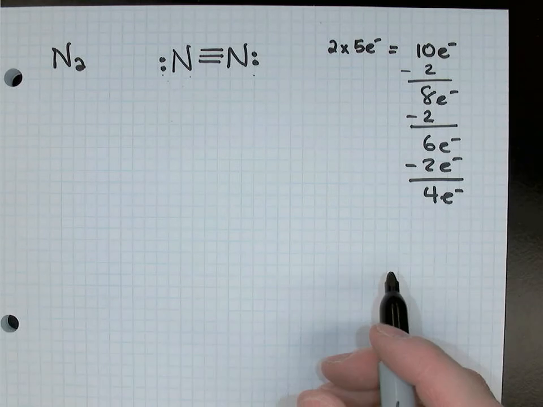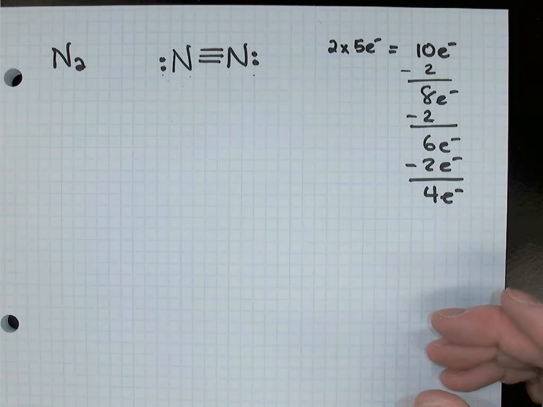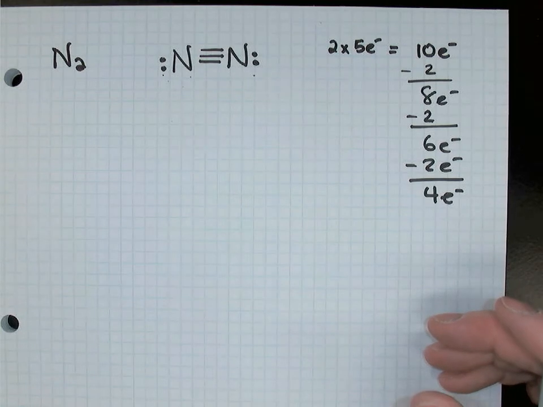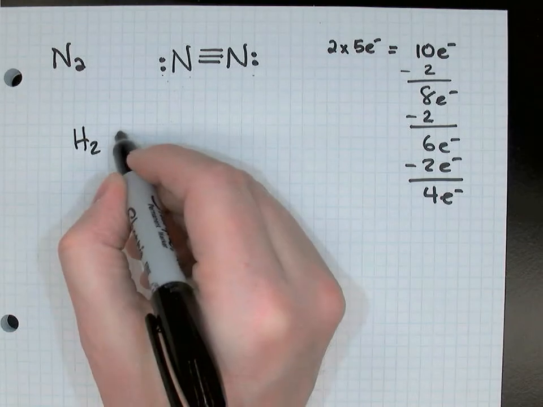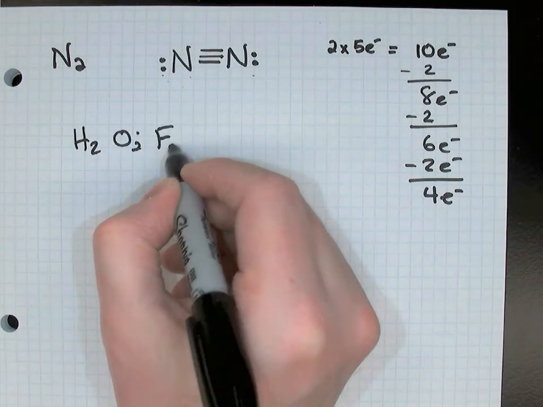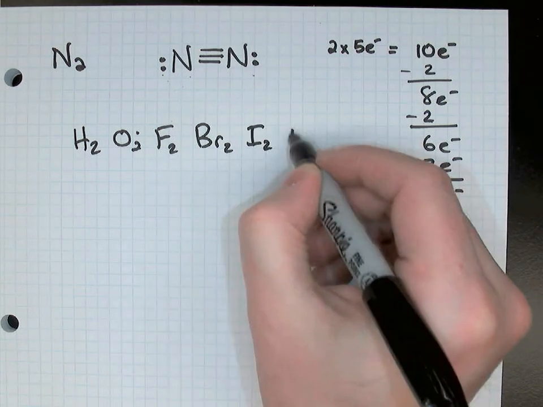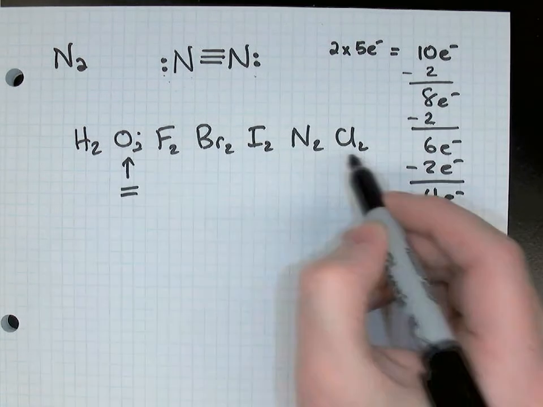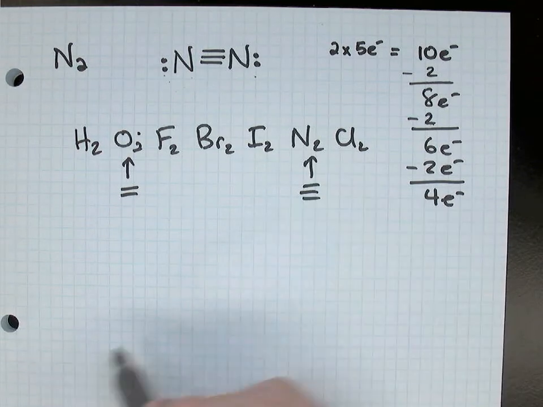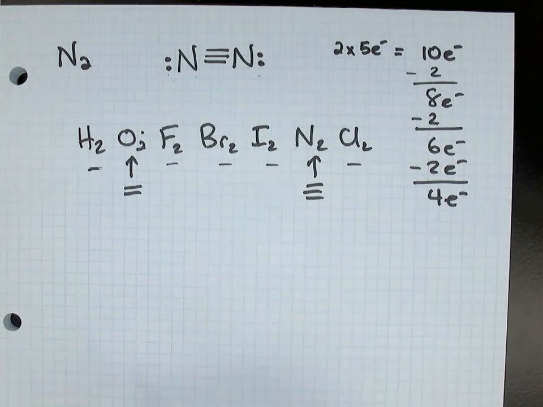It's worthwhile memorizing that nitrogen has a triple bond, oxygen a double bond, and then the other Hofbrinkel elements, H2, we've already talked about O2, so fluorine, bromine, iodine, nitrogen, chlorine. So this guy has a double bond, this guy has a triple bond, and everybody else has a single bond in those diatomic Hofbrinkel elements.